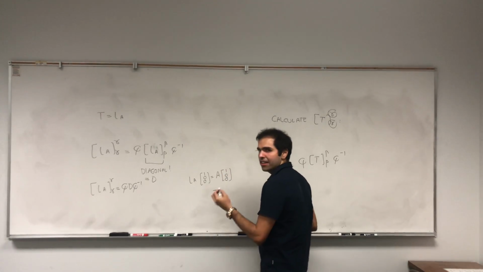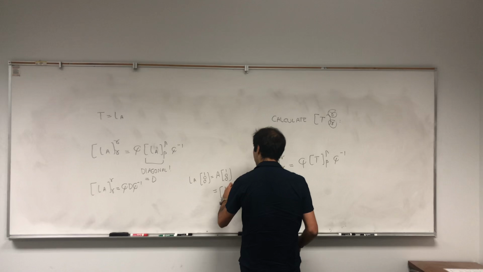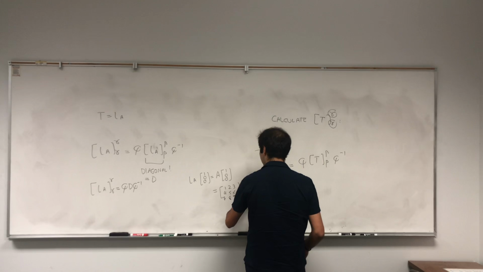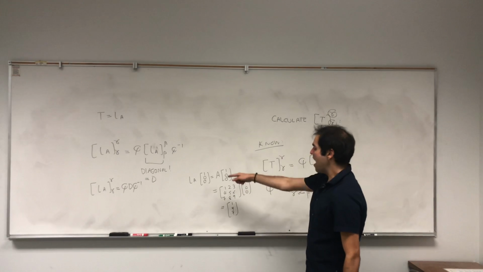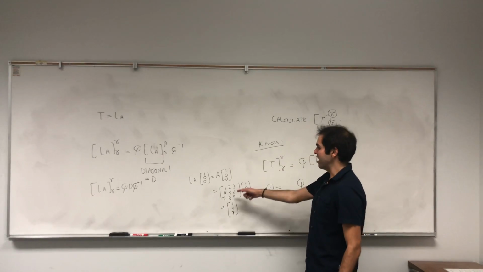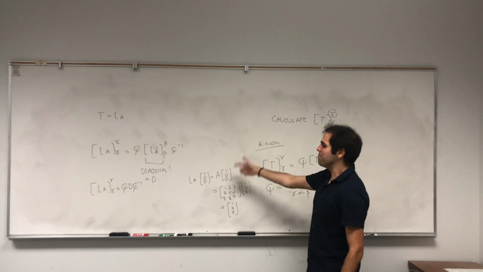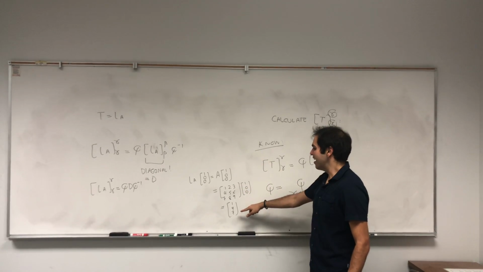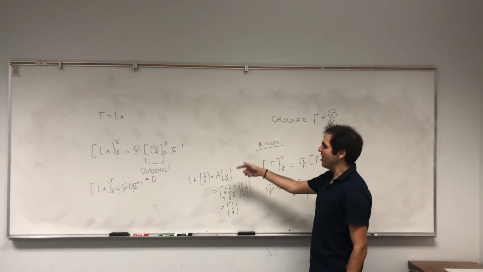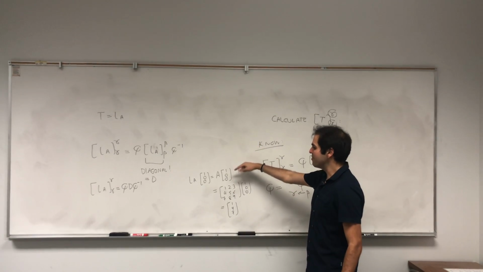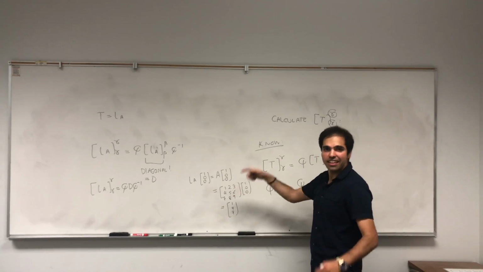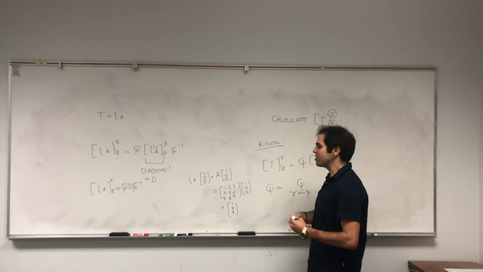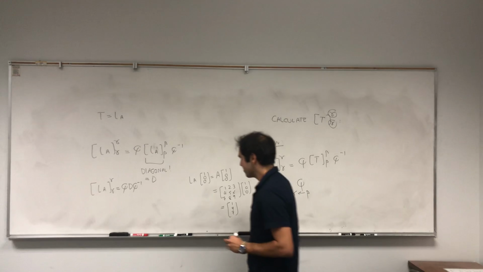If you calculate that, for example with the matrix 1, 2, 3, 4, 5, 6, 7, 8, 9 at (1, 0, 0), that gives you precisely the first column of A. So L_A of (1, 0, 0) is (1, 4, 7), the first column of A, and in particular the coordinates with respect to gamma are still (1, 4, 7). L_A of (0, 1, 0) gives you the second column, L_A of (0, 0, 1) gives you the third column, which means in the end, if you use the standard basis, the matrix of L_A is simply A.